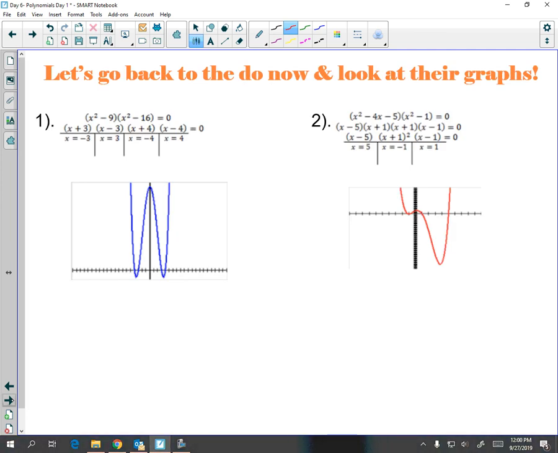So turn back to the do now, and these are the 2 equations that we solved in the beginning. The only difference is that now I also have the graphs with them, and we're going to analyze it for a bit. So all of these are our solutions, right?